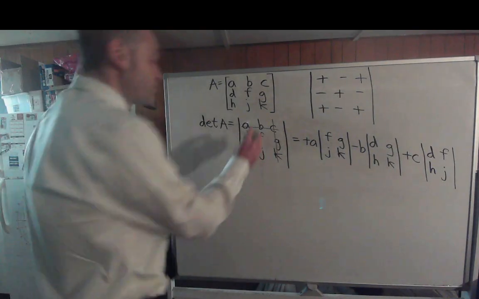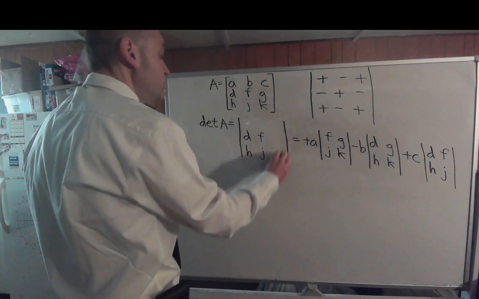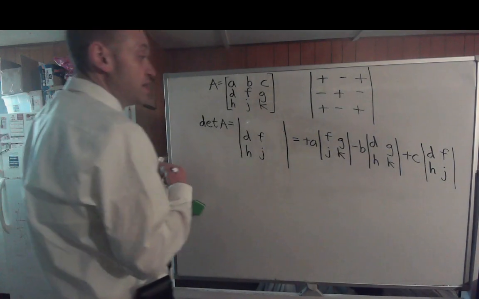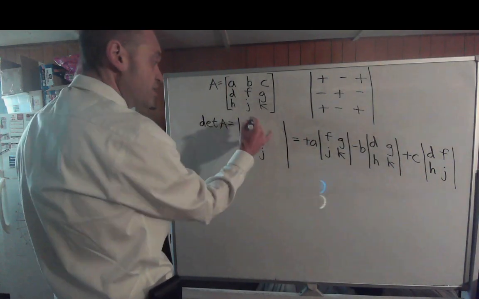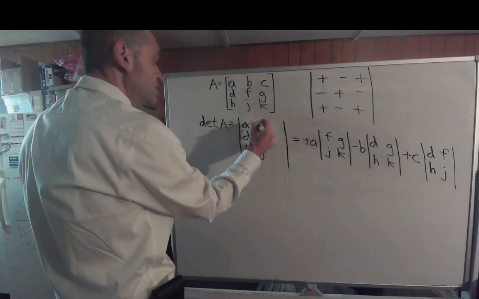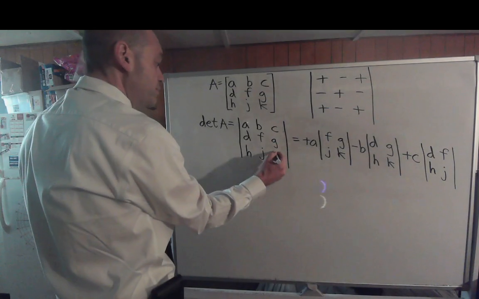Okay? Now we can also go down a column, and you should get the same result. You may not see the exact same numbers here, the same letters here, but in the end you'll get the same result. It'll make more sense when we do actual examples.